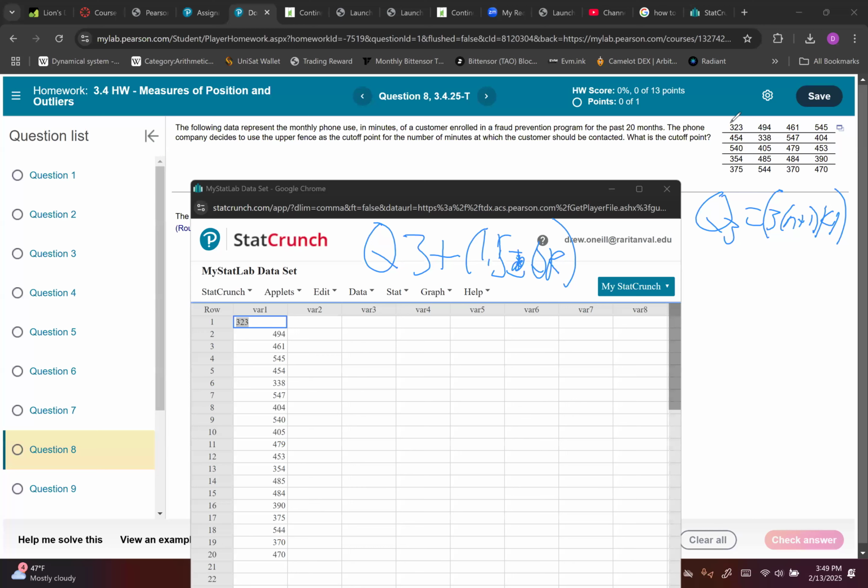We have 20 data points. So the Q3 point is 3 times 21, which is 63, divided by 4, which is 15.75. So that tells us that the Q3 point is between the 15th and 16th term.